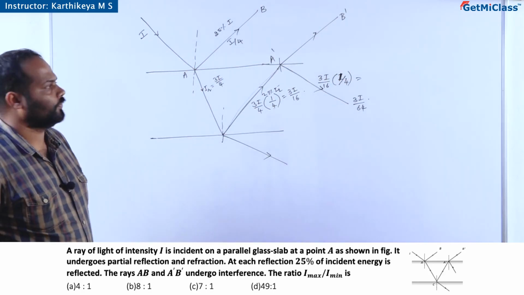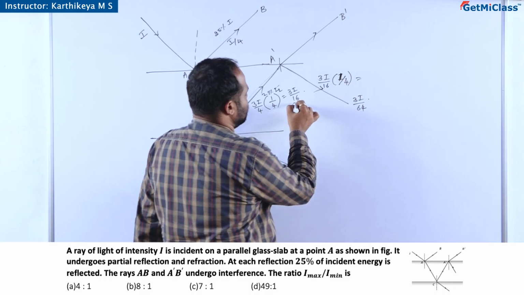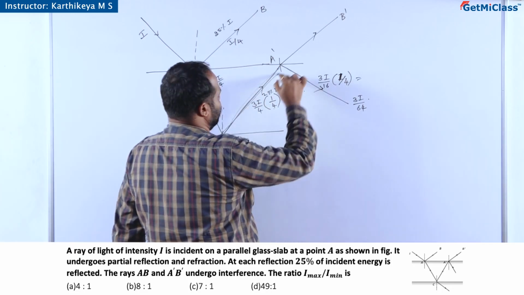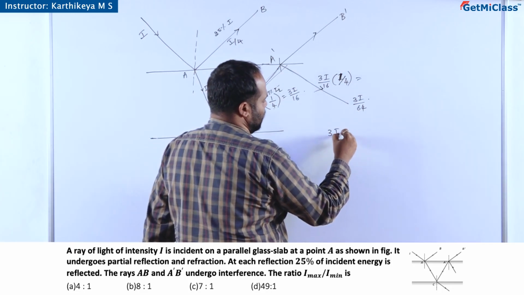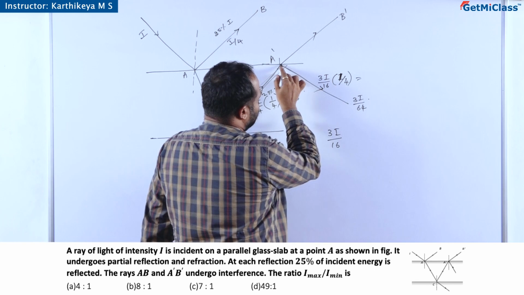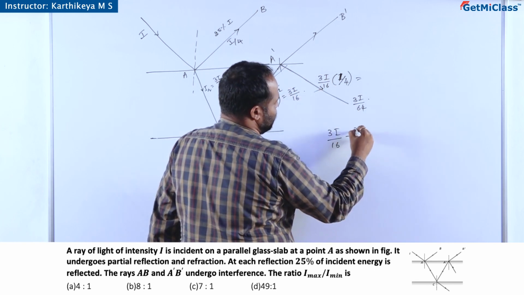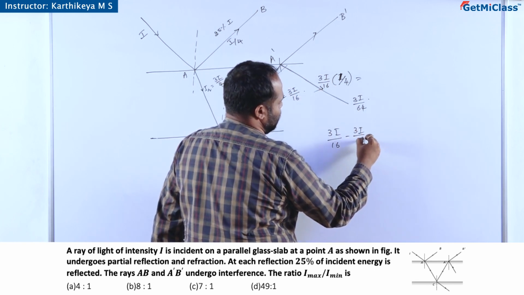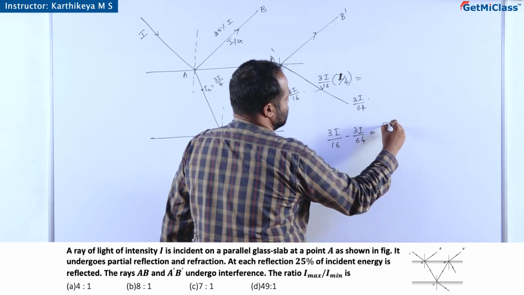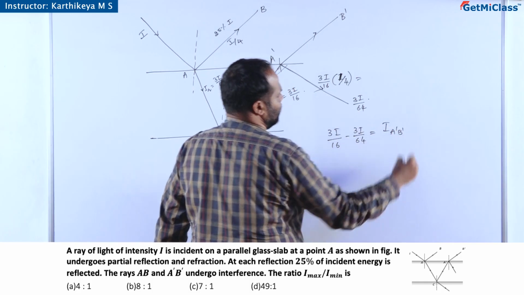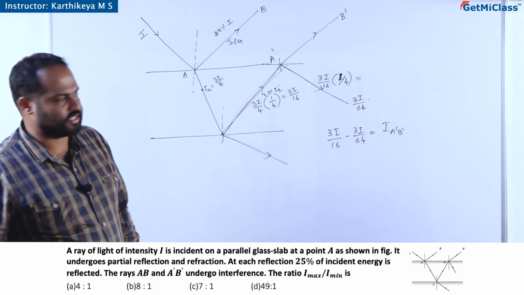Okay. So, the initial intensity of the incident ray is 3I by 16. The intensity of the reflected ray is 3I by 64. Then what remains should be the intensity of the ray A'B'.